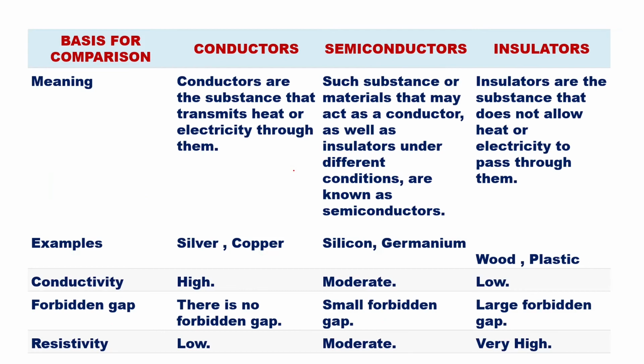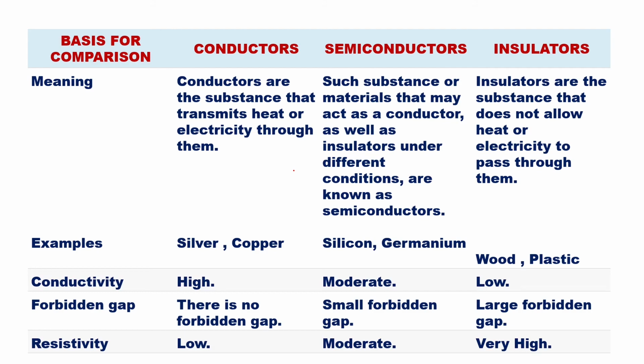Then again, a comparison if you do in a theoretical part, you can see the basis of comparison. First is the meaning. Conductors are the substances that transmit heat or electricity through them, whereas semiconductors are such substances or materials that may act as conductors as well as insulators under different conditions.